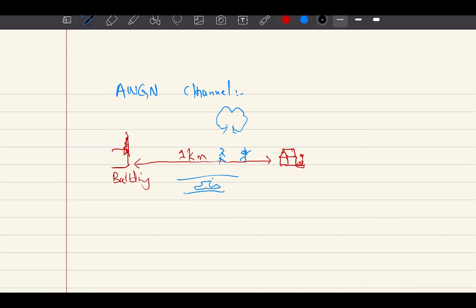Once it is transmitted, it strikes this building and then this one, and the leaves will further reflect and scatter the signal. Finally it may strike the edge of the building and diffract, and after reflecting like this, some portion of the signal is received here.